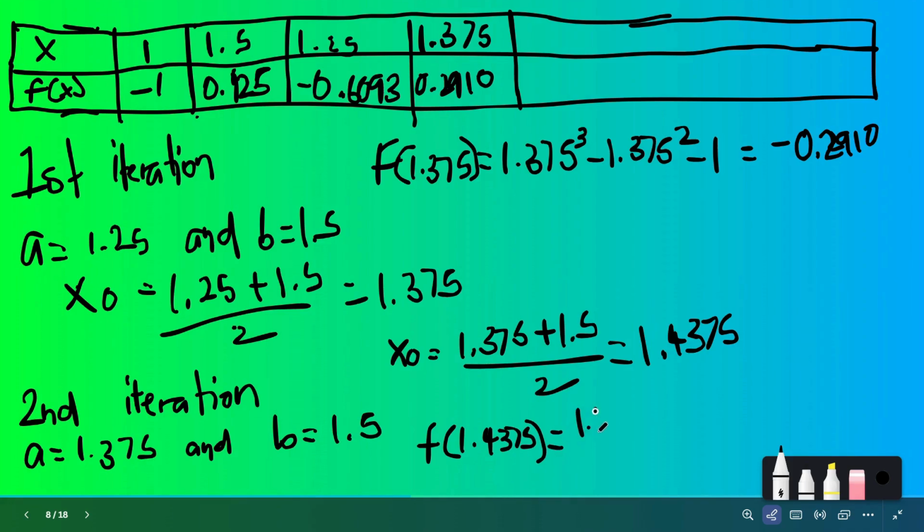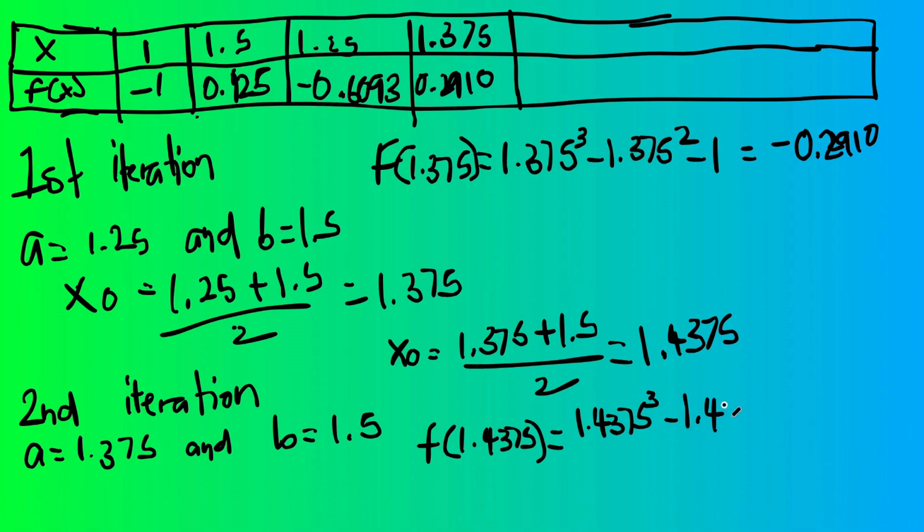Okay, and the next one, so f of 1.4375 is 1.4375 cubed minus 1.4375 squared minus 1, and how much? So 1.4375 cubed minus 1.4375 squared minus 1.